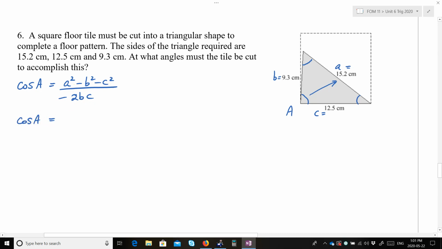So cos A is 15.2 squared minus 9.3 squared minus 12.5 squared. All of that divided by negative 2 times 9.3 times 12.5.